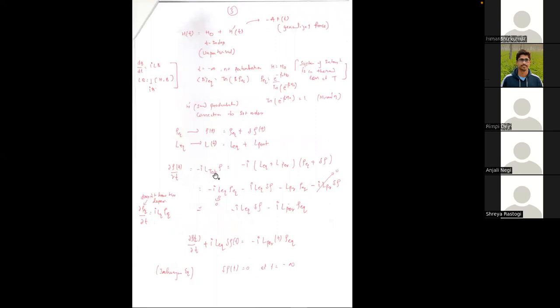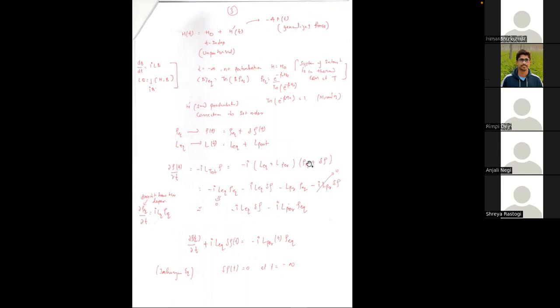Here L is the total and rho is also the total density operator, and we break it into L equilibrium plus L perturbation, and similarly rho equilibrium plus delta rho.